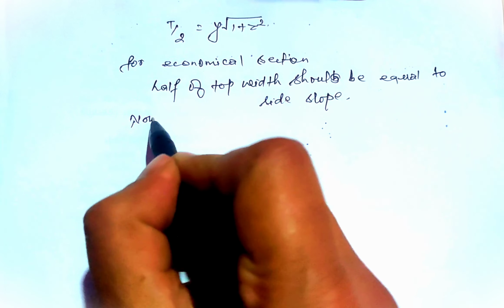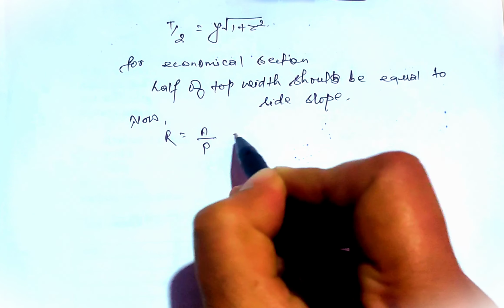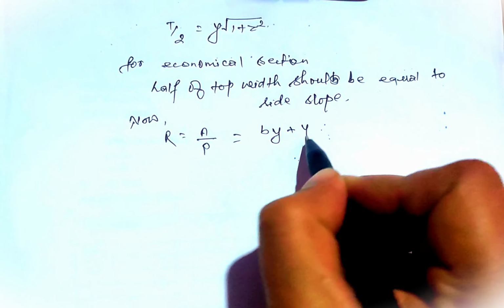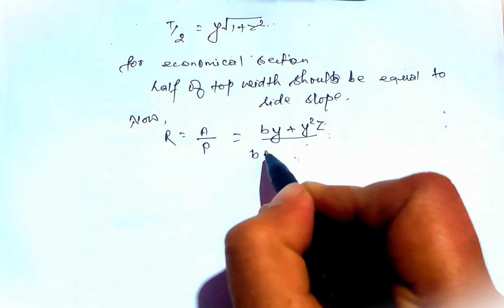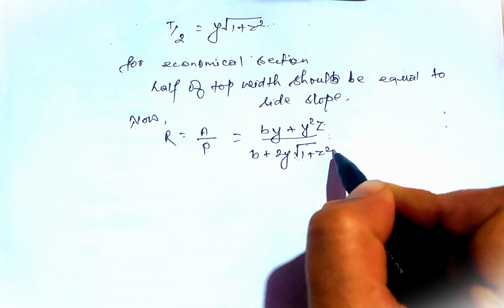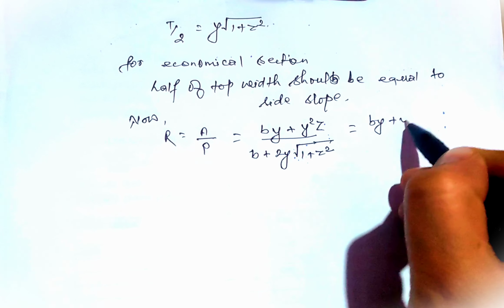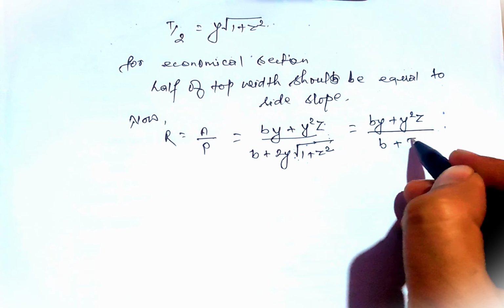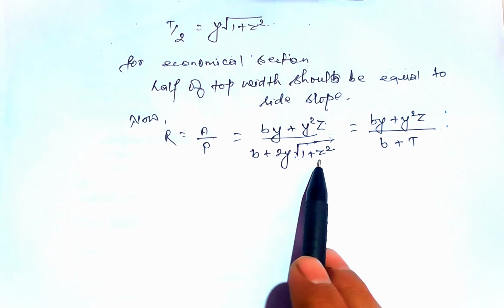Now hydraulic radius R equals A divided by P, placing the value of A, by plus y square z divided by b plus 2y root over 1 plus z square, equals by plus y square z divided by b plus T, where the value of T is 2yz.